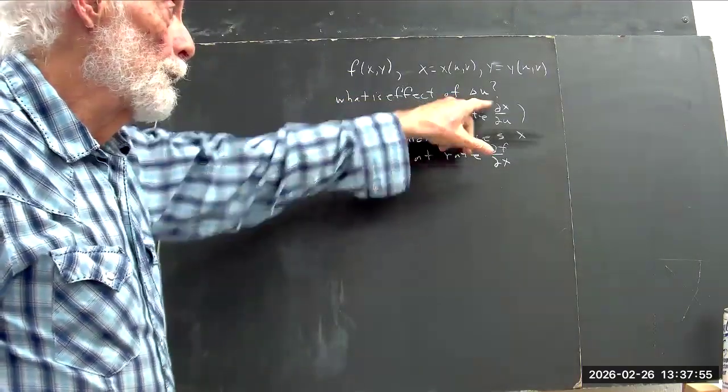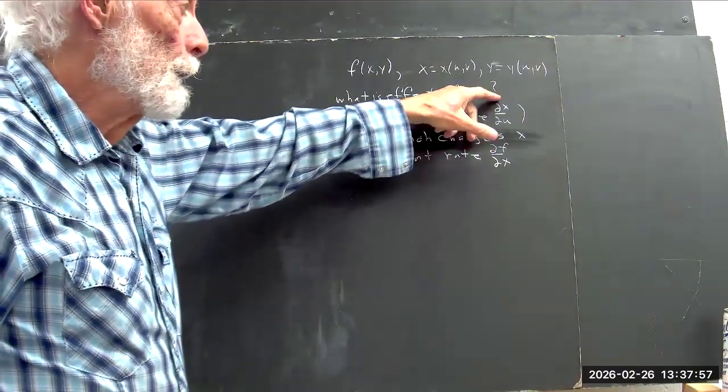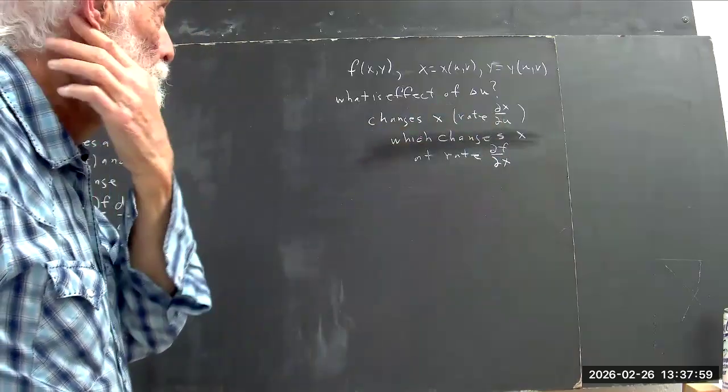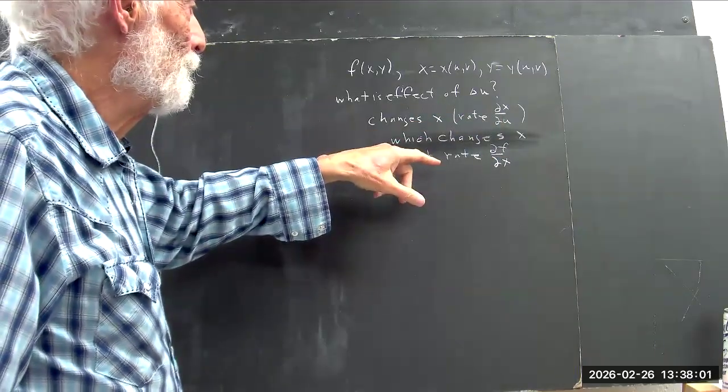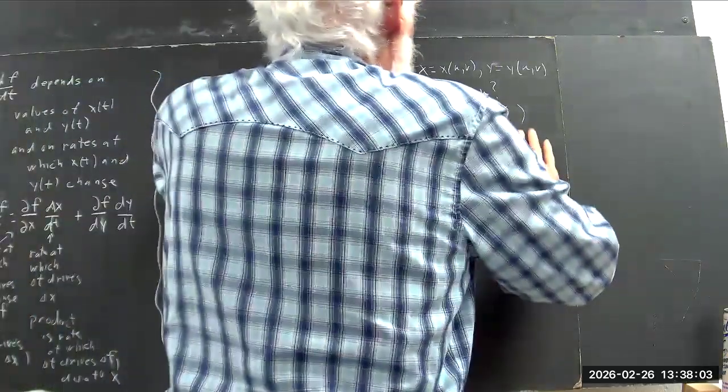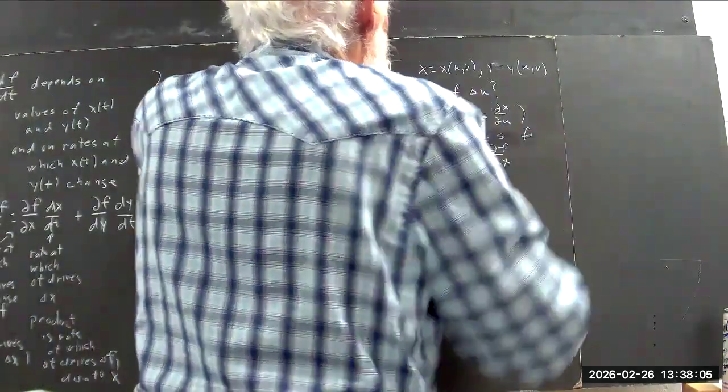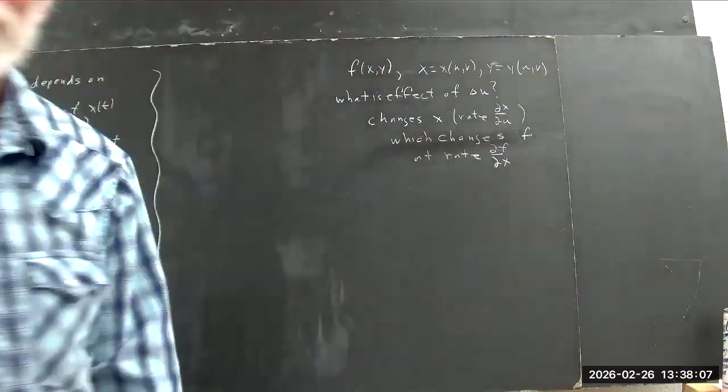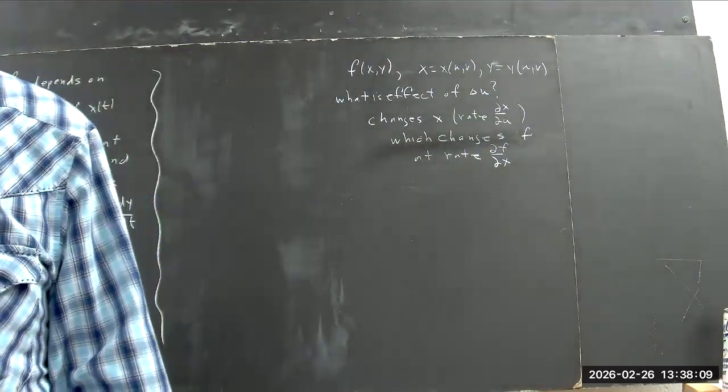The effect of delta u: it changes x at a rate dx du, which changes x, which changes f at the rate df dx.